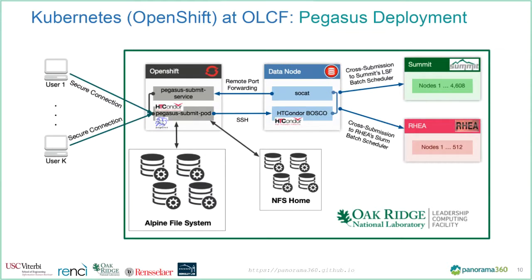The OLCF folks have introduced an automation, and basically they can give us passwordless SSH to the DTNs for the automation users. This is the road we take to do the submissions. We SSH to the DTNs, and using HTCondor Bosco, we convert the Pegasus Condor descriptions to LSF or SLURM descriptions, and we can submit to Summit and Ria.